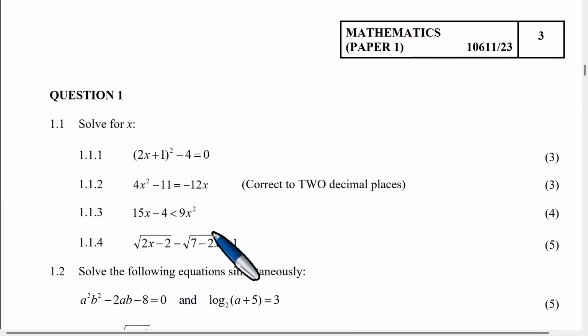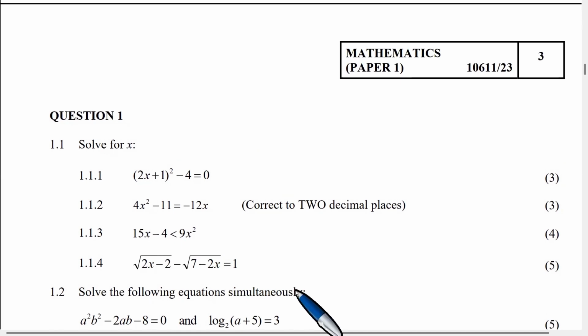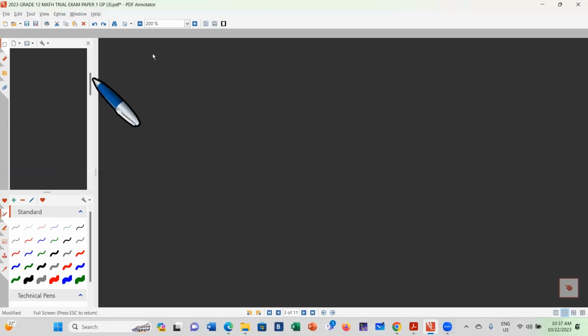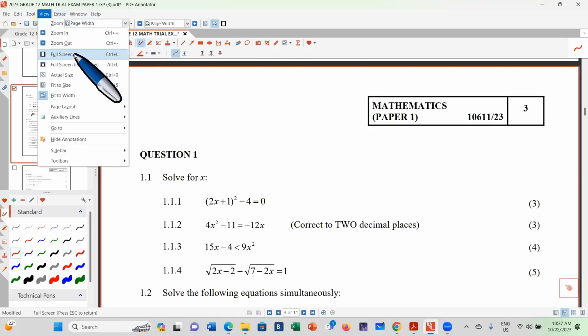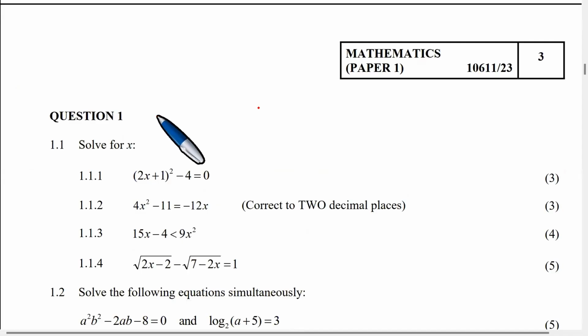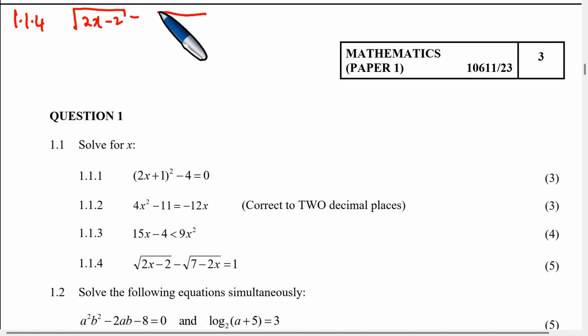This one, how do we solve 1.1.4? Right, to solve 1.1.4, we proceed as follows. In 1.1.4, we look at the square root of 2x minus 2 minus the square root of 7 minus 2x, and this is 1.